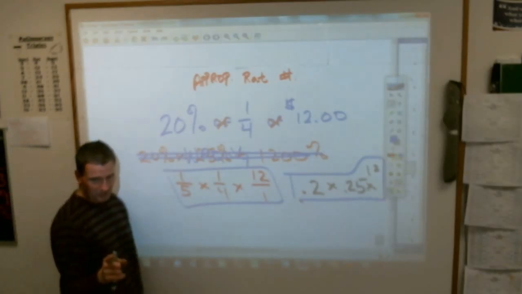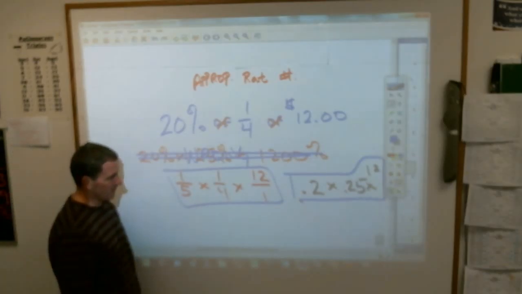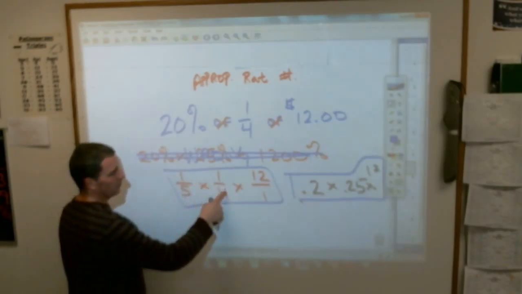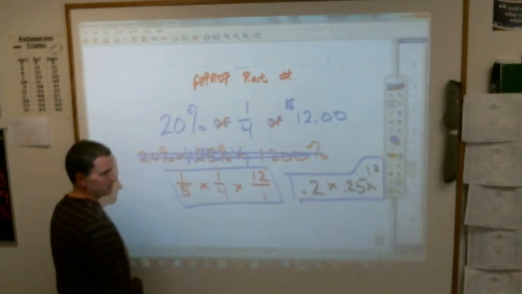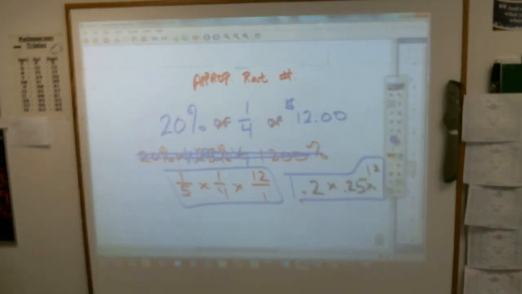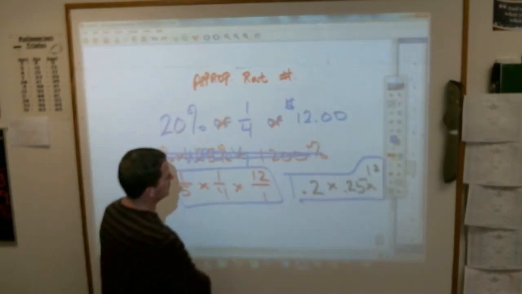I would go fractions, and you can argue with me on the decimals. If I look at this fraction-wise, 1/5 times 1/4 times $12, I end up with 12 divided by 20.